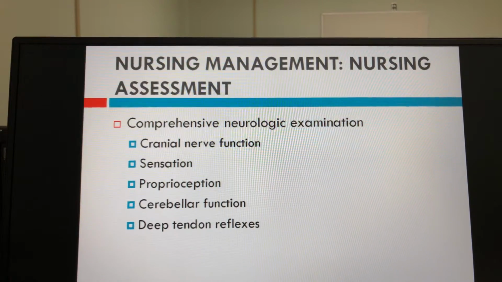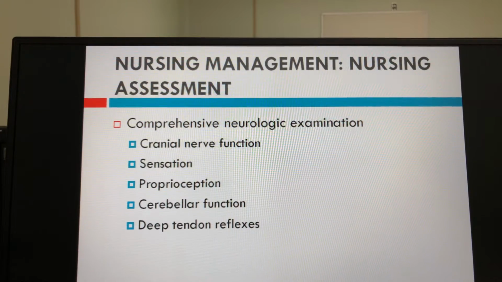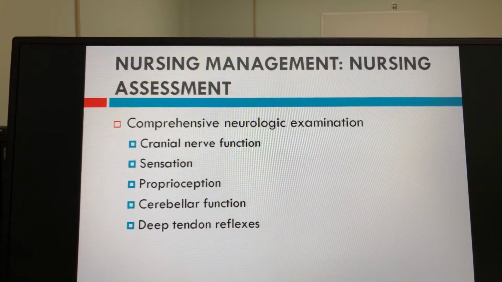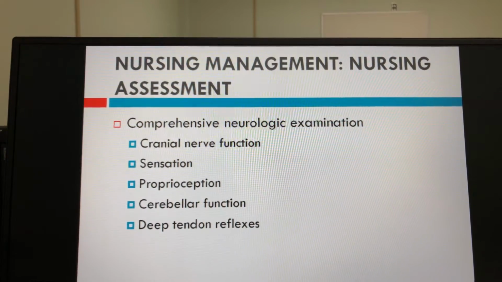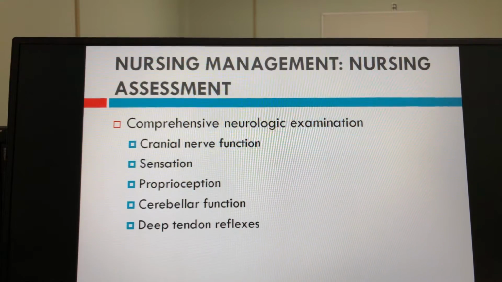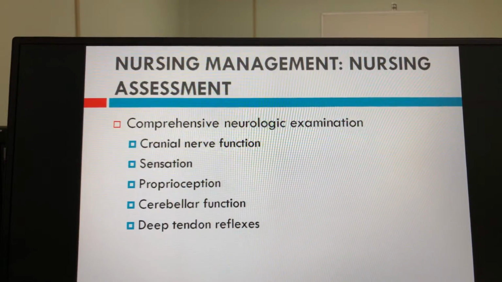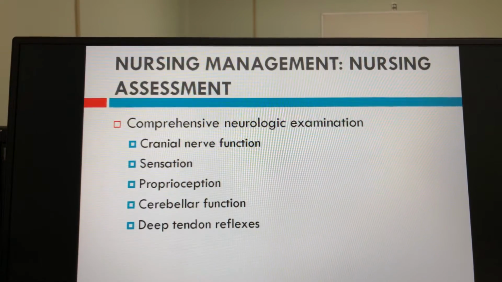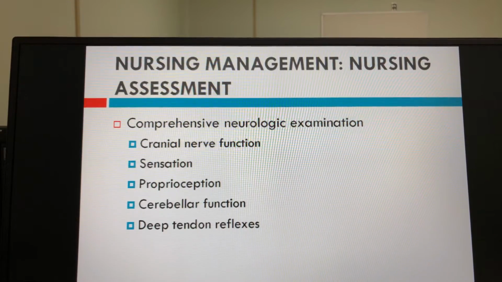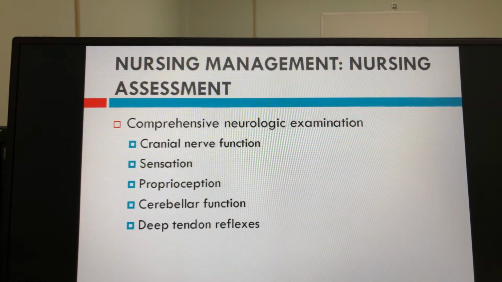And I gave you a paper with the cranial nerves on there, what the name of them are, what areas they cover, and what kind of test you would do to assess whether or not there is a deficit in that particular cranial nerve.